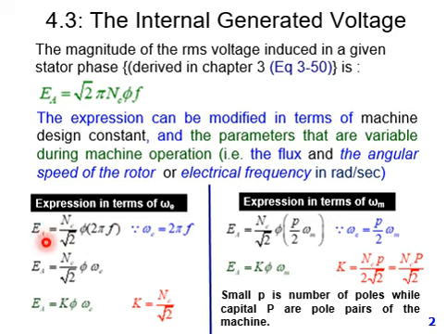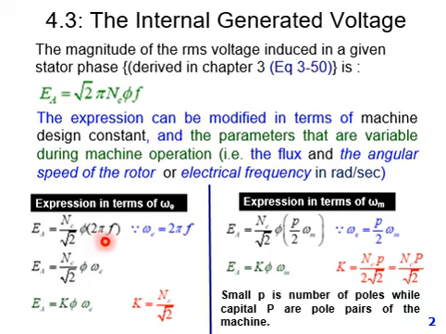If we come on the left side, we can see that the same equation can be written in this form if we multiply and divide by the constant 2, or we can write 2 pi f is equal to omega, as we have studied in previous classes.